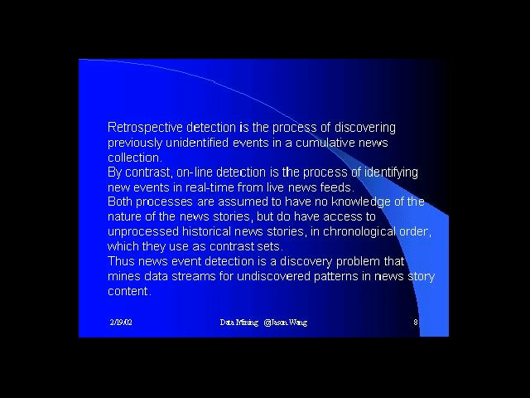By contrast, online detection is a process of identifying new events in real time from live news feeds. You keep on listening to the news from the television or from the radio, and then you apply the algorithm. The algorithm will detect new events in real time. So that's online processing. The algorithms will be different because one is static, one is dynamic.